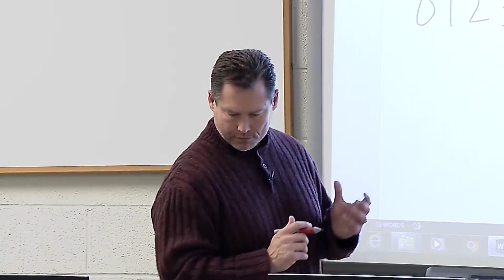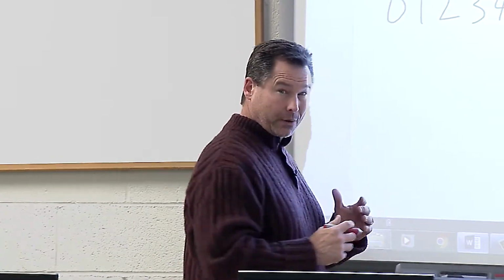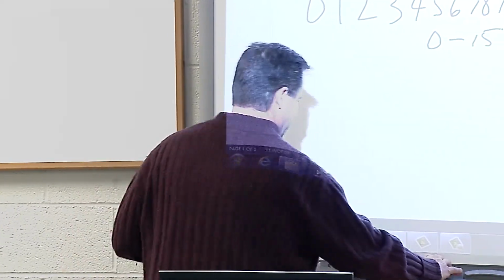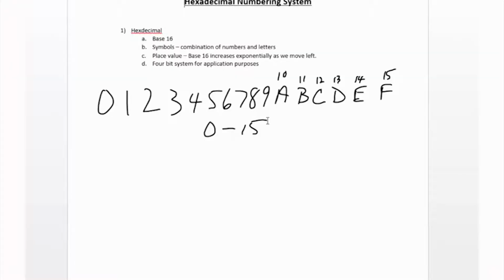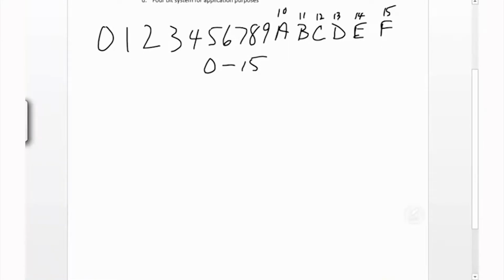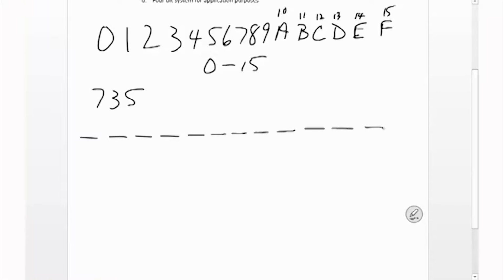All right, so we're going to start out with a decimal value of 735. Just kind of a random value that we chose, and there's a reason for that. We are going to draw out 12 bits.